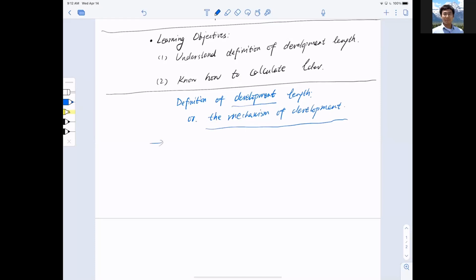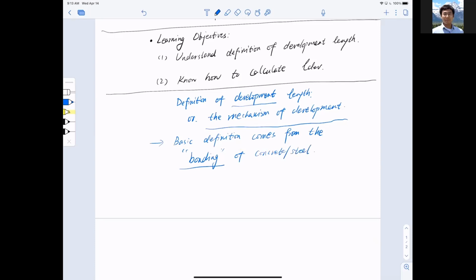The basic definition of this development length actually comes from the bonding. I want you to keep this word in mind, the bonding, of the concrete and steel interface.